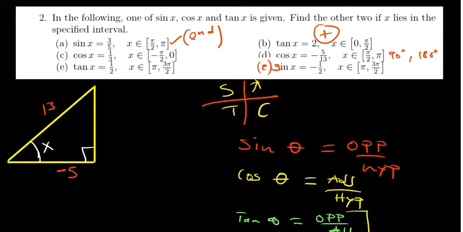For C, the range from previously is between negative pi over 2 and 0. So that would be negative pi over 2, and then that would be your 0.